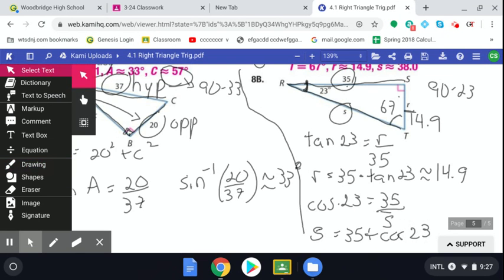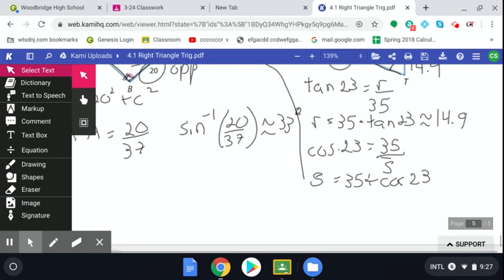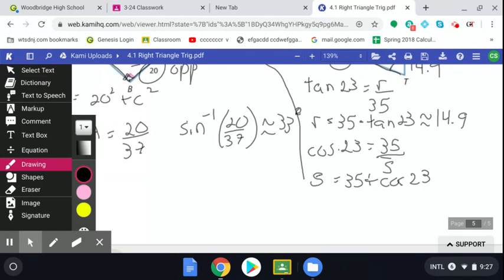And when you solve that, it should be about 38. So S should be about 38. Okay, so I have the three sides, I have the angles, and I'm done.